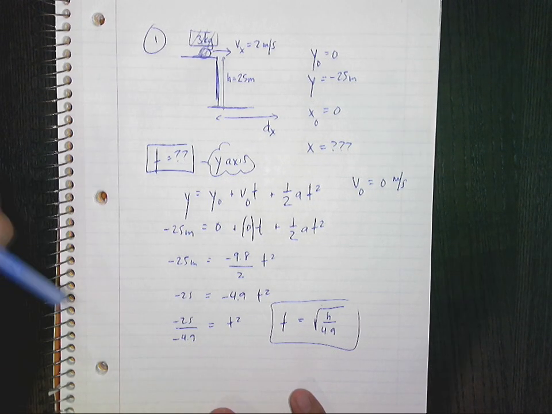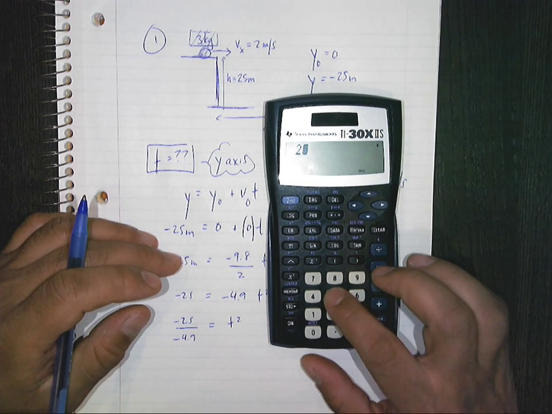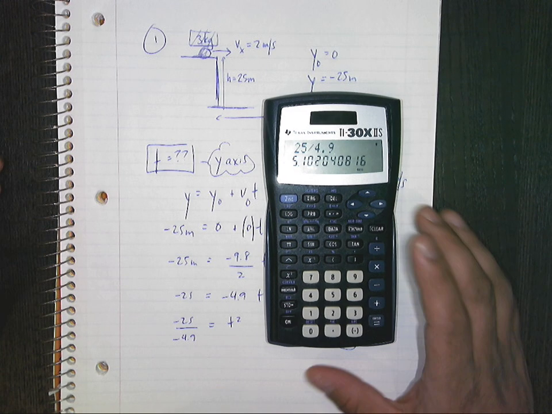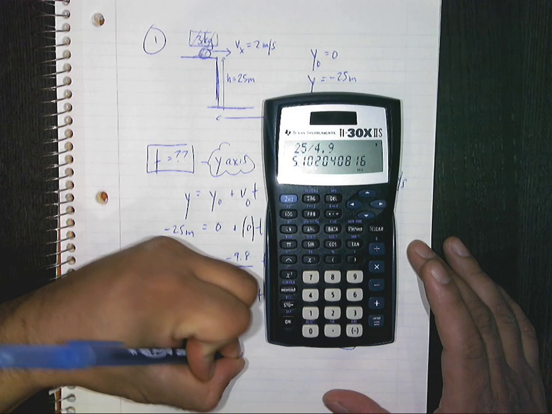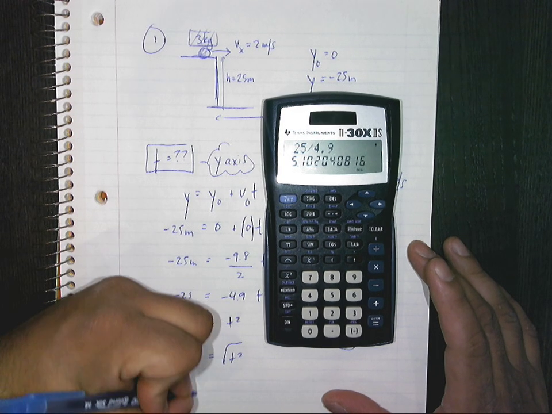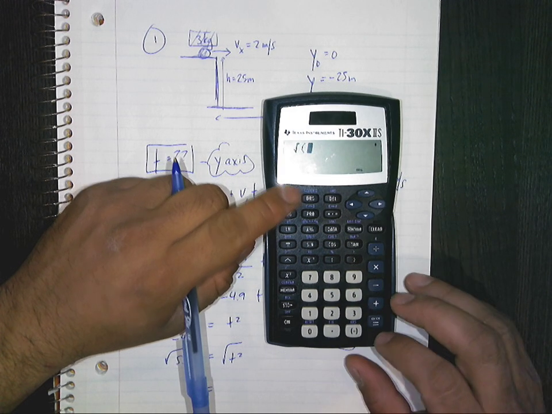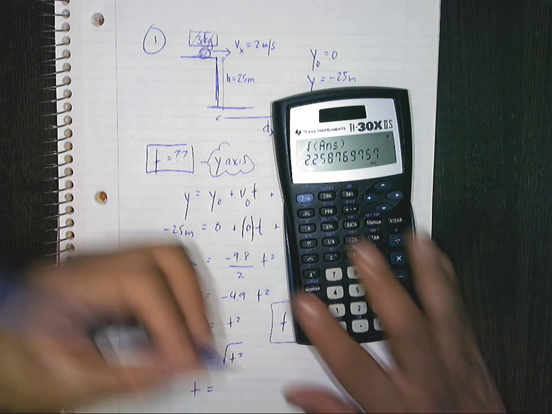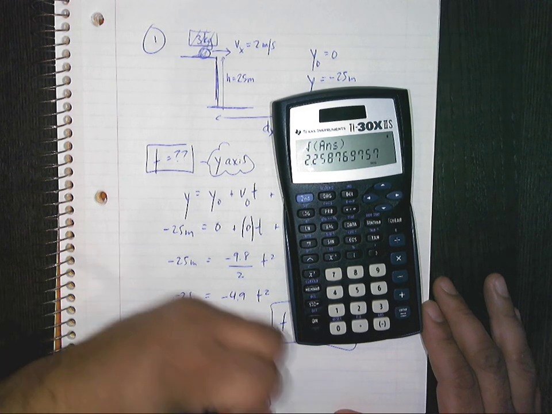So ultimately, 25 divided by 4.9 equals 5.1. So 5.1 equals t squared, square root both sides. t is going to end up equaling the square root of this answer here. That's going to be 2.26 seconds. Okay?